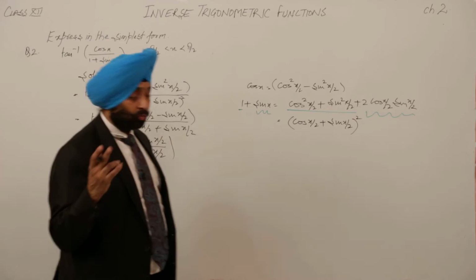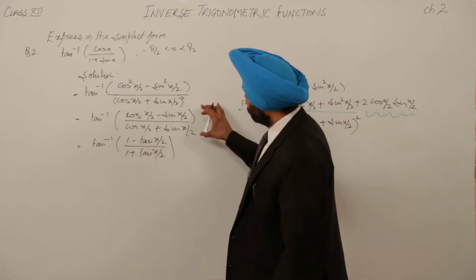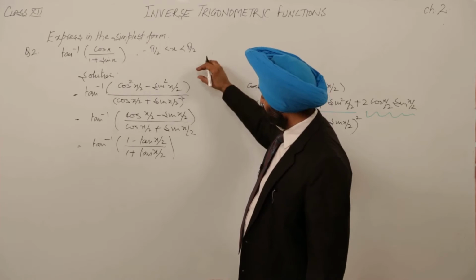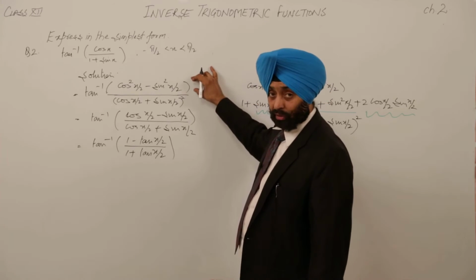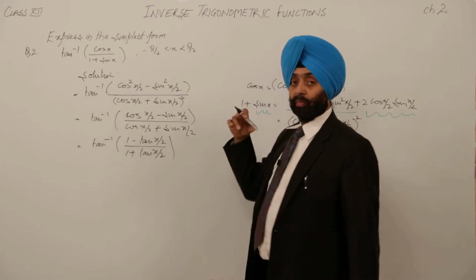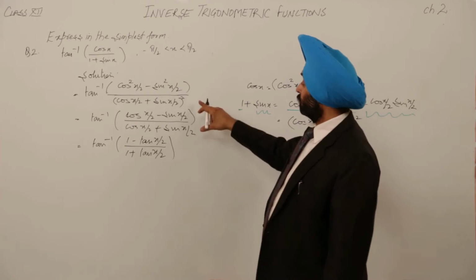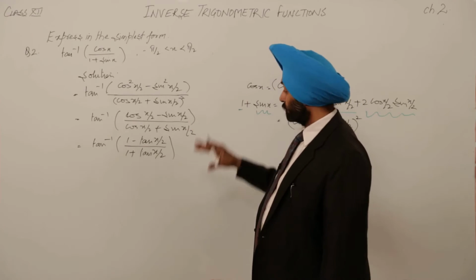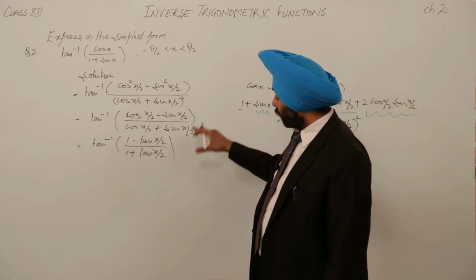And which formula did we use here? For this part, first of all we used a square minus b square, which is a minus b into a plus b. This is a whole square, so one term cancels. Now how do we get this part?